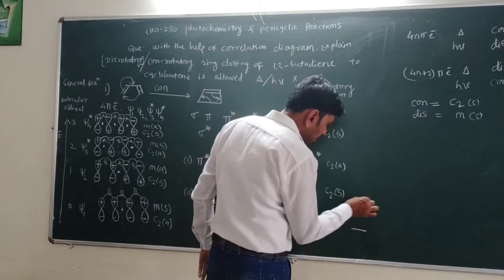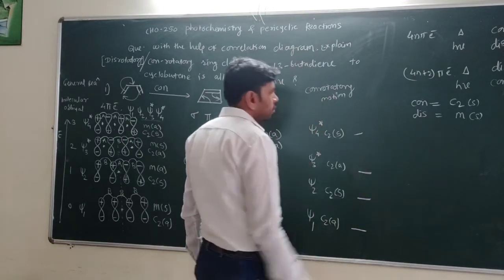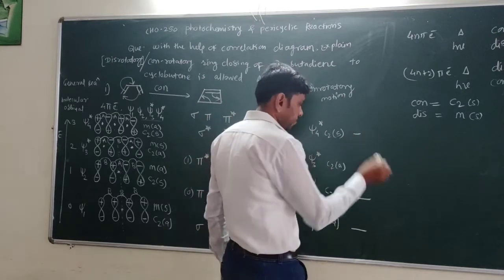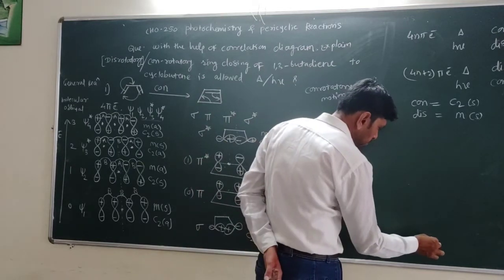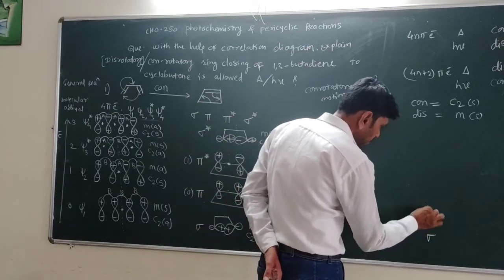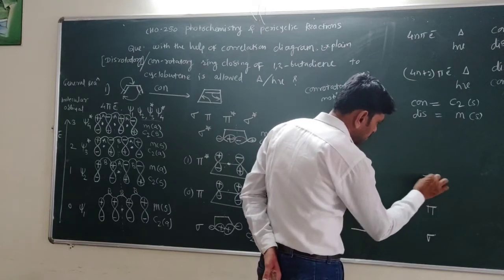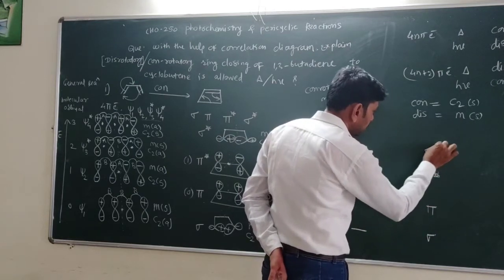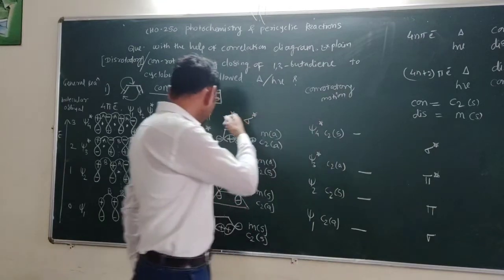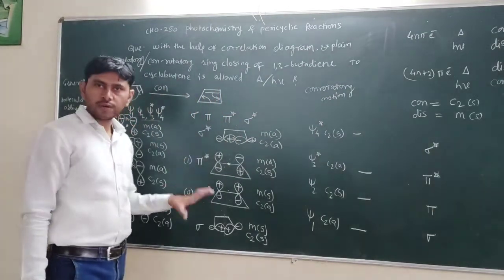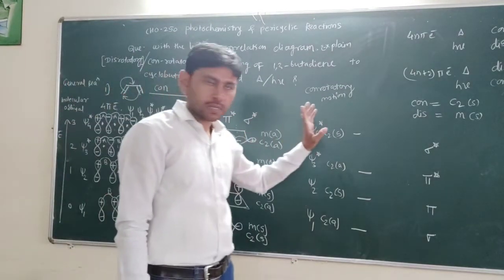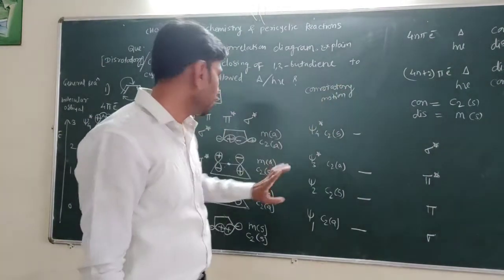These are reactant orbitals. Then we have to draw the product orbitals. Which are they? The product orbitals are sigma, pi, pi star, and sigma star. These are the four product orbitals. And again we consider only the C2 symmetries here.